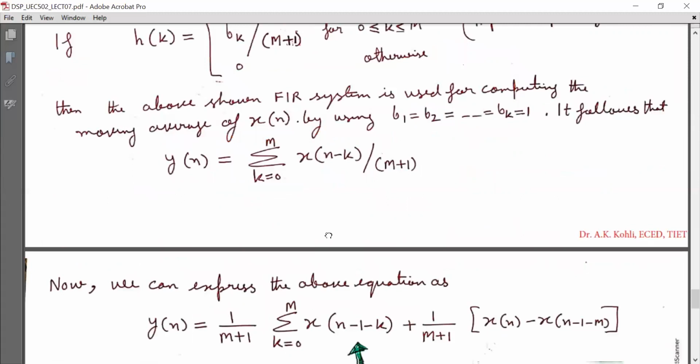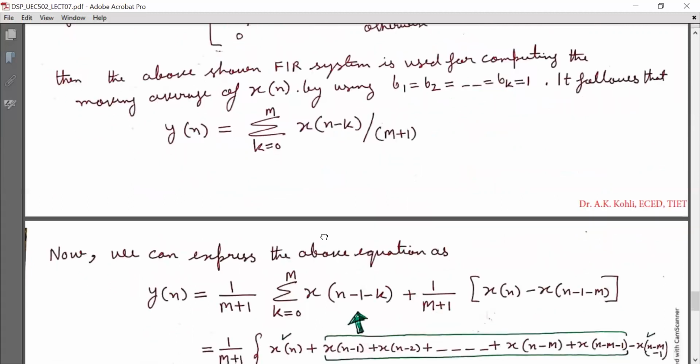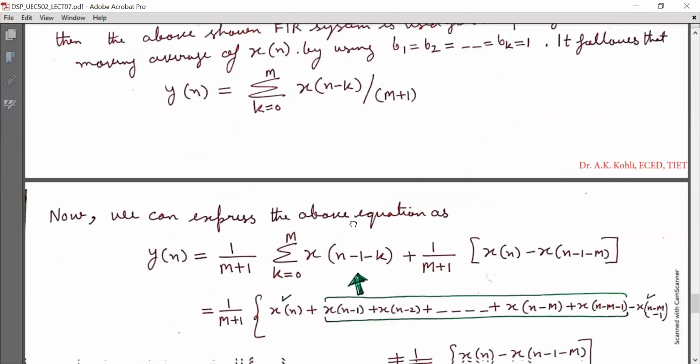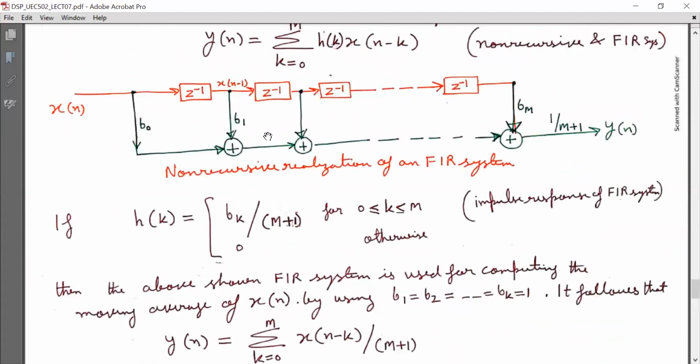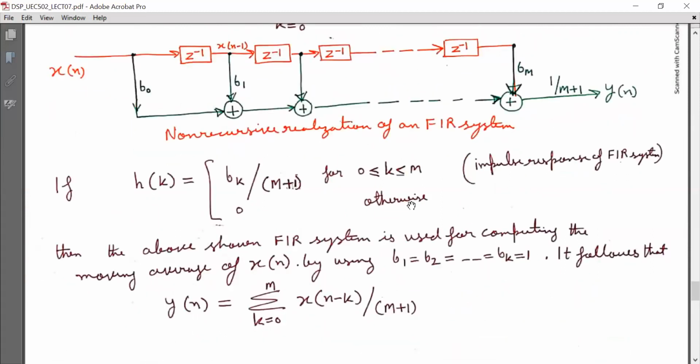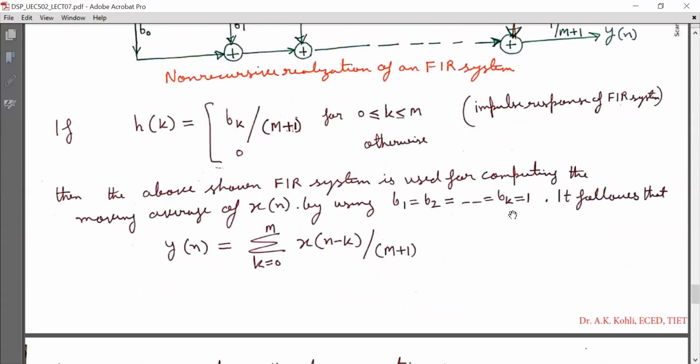This is the moving average of x[n]. Here just put b0, b1, b2, b_k, all coefficients equal to 1.